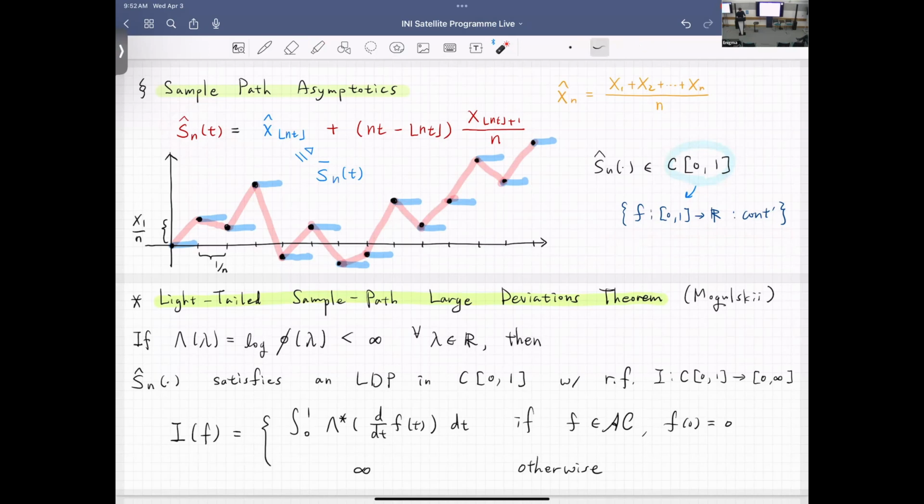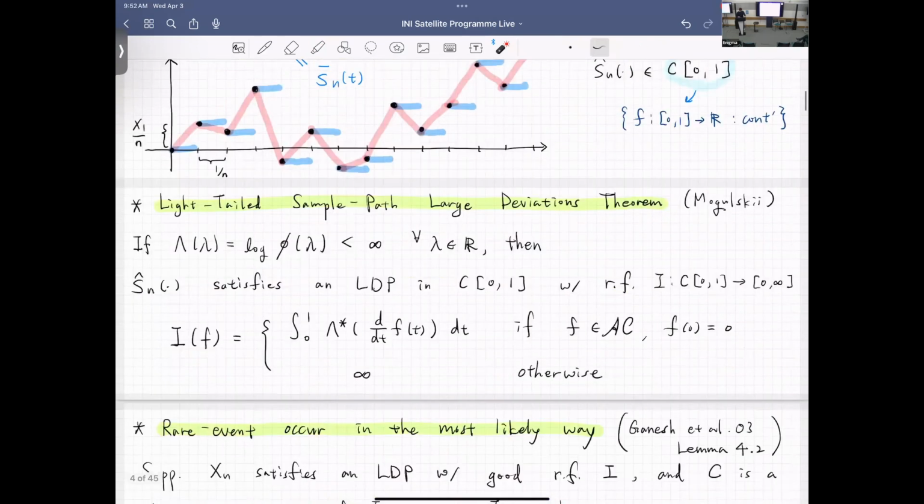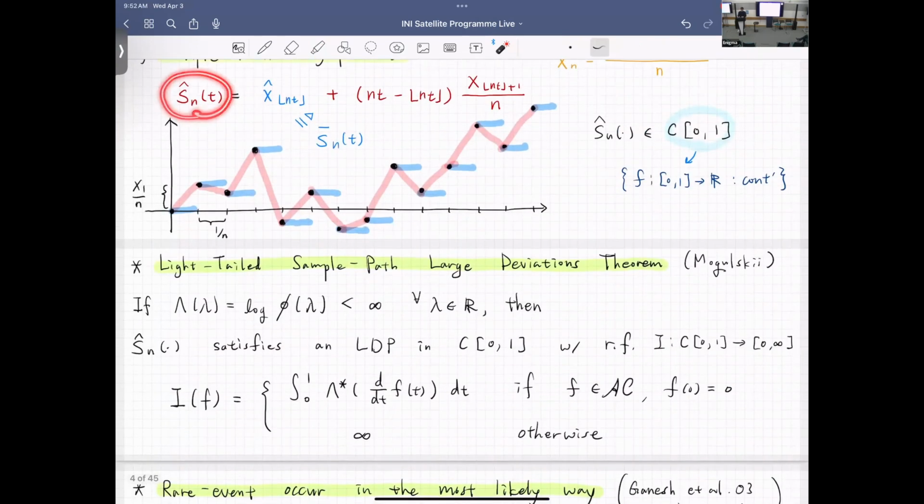And it turns out that the large deviation principle holds for the path of S hat n. So you consider S hat n as a random function, or an element of this space of continuous functions, so that this is a C[0,1]-valued random variable. And those random variables satisfy the LDP with the rate function in this form.